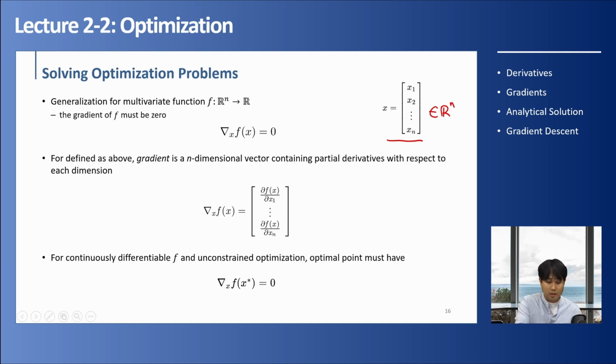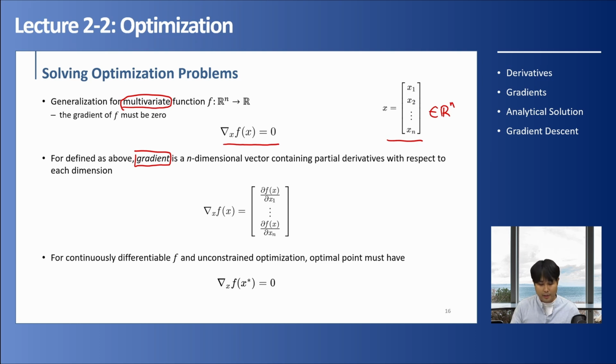In this case, we'll be calling our function multivariate, and instead of looking for the derivative, we'll be looking at the gradient. So this is how we express a gradient, and the gradient, by definition, is an n-dimensional vector containing the partial derivatives with respect to each dimension.